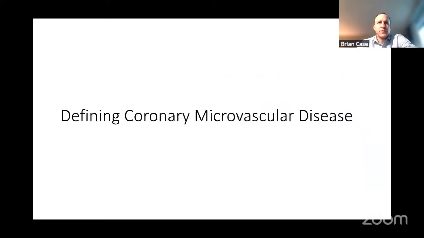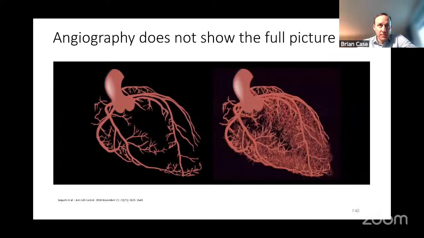So how do we define coronary microvascular disease? This picture is used at every single CMD talk out there. On the left is what we see on a basic coronary angiography: the large epicardial vessels, your LAD, your circ, your RCA, and the dominant branches.